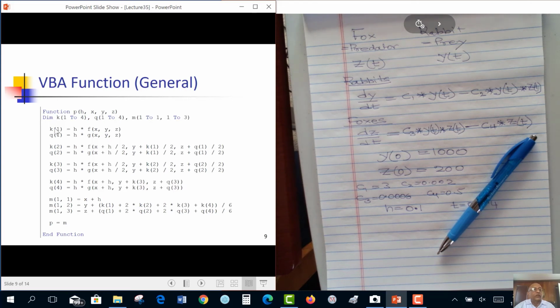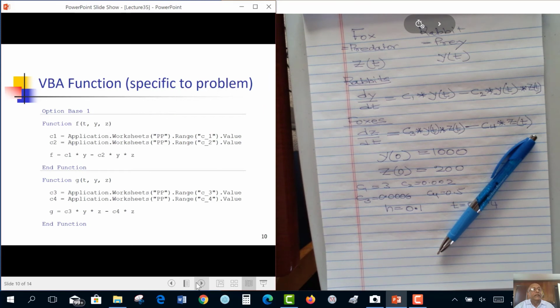I've just typed the formulas just as I wrote them on the page before. So that's our Visual Basic function for implementing the Runge-Kutta method for 2 first-order equations.